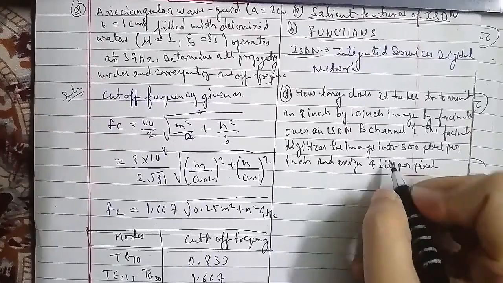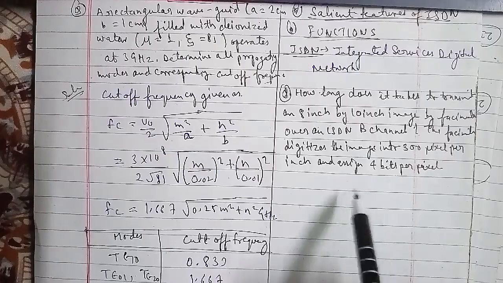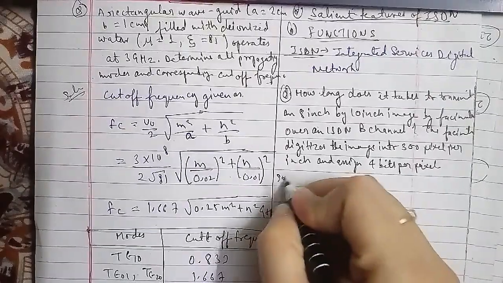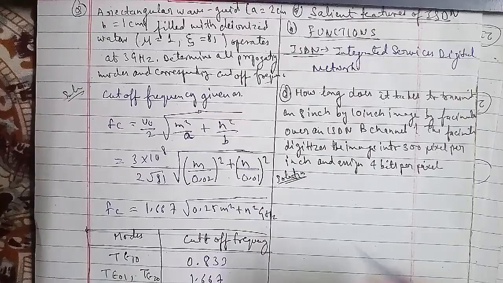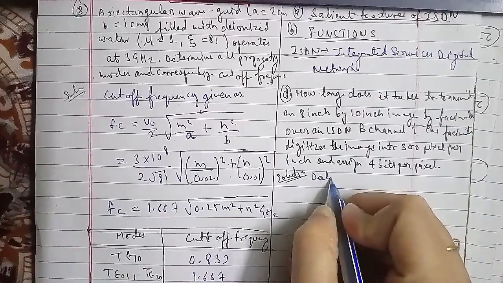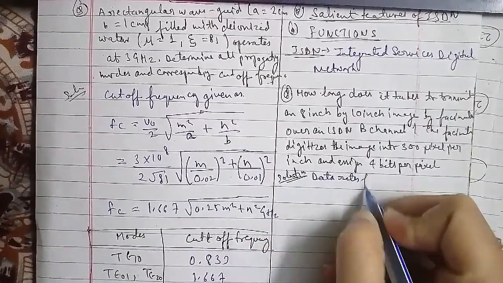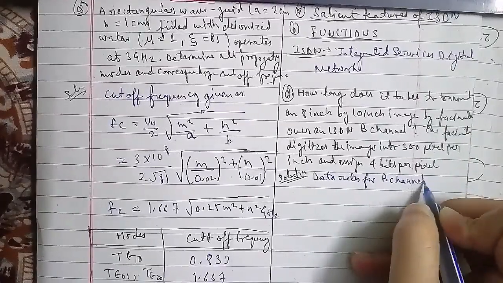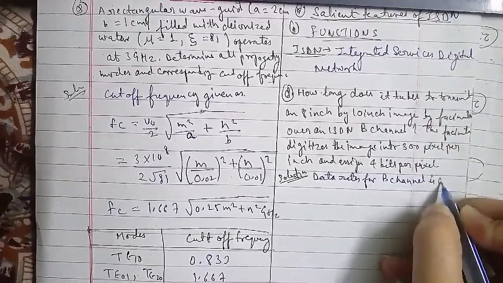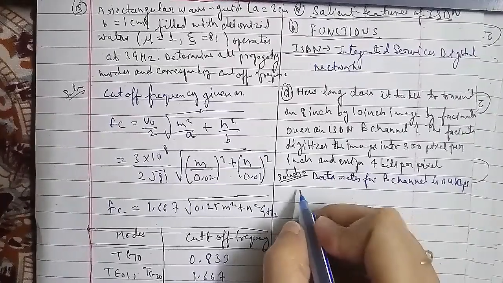The data rate for the B channel is 64 kbps. The number of pixels in the image equals 8 into 10 into 300, that is equal to 24,000 pixels.